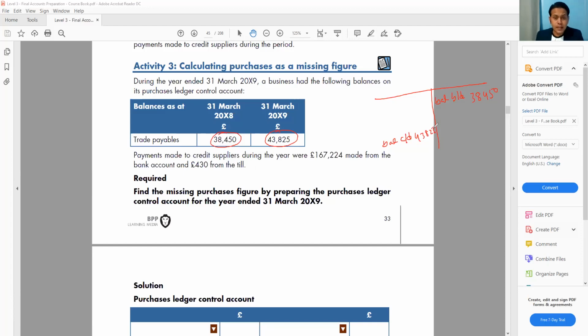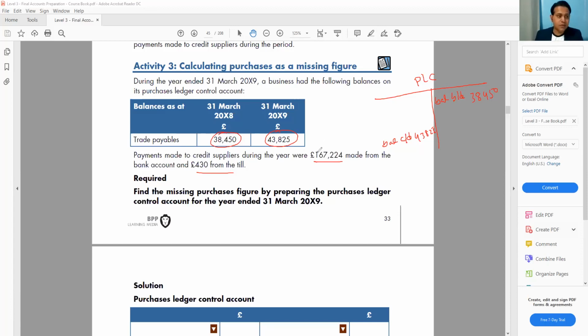Now we need to see, is there any payment made during the year? So we can see this is called purchase ledger control. Payments made to credit supplier during the year was 167 from the bank and 430 from the till. This is the money we have paid.